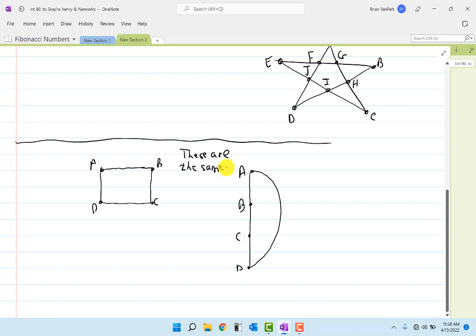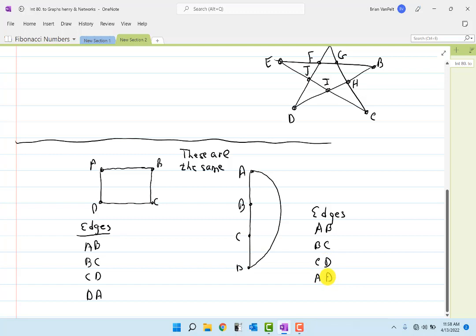I'll show you what I mean. If you look at our edges, for the left one, we have AB, BC, CD, and DA. Now look over here at our edges. I have AB, BC, CD, and then AD.